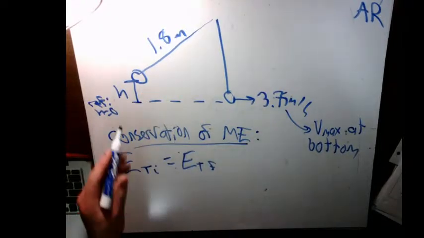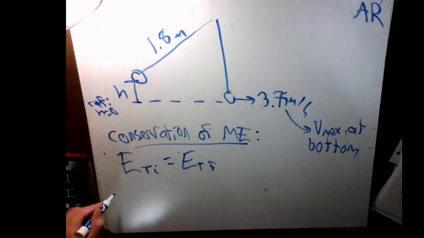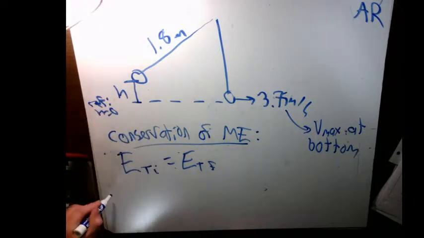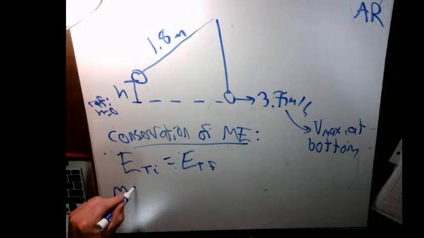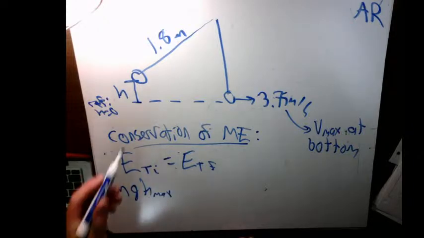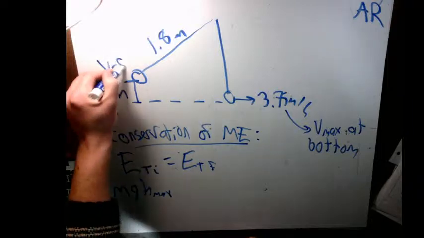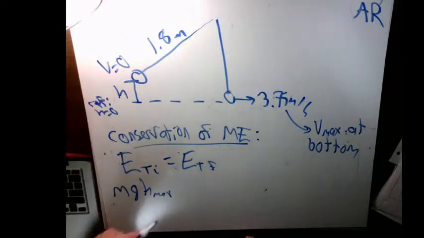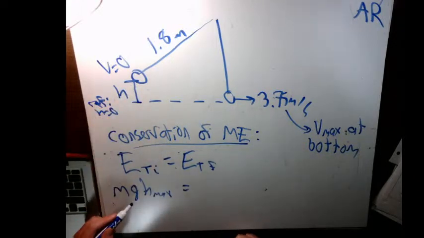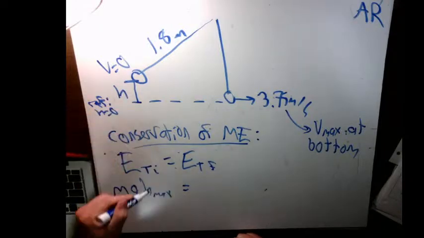So at the start, we have only this gravitational potential energy, mg h max, because we have 0 velocity. So we have the mass of our pendulum, the gravity constant pulling it down, and the height above the reference, which is actually our max height.